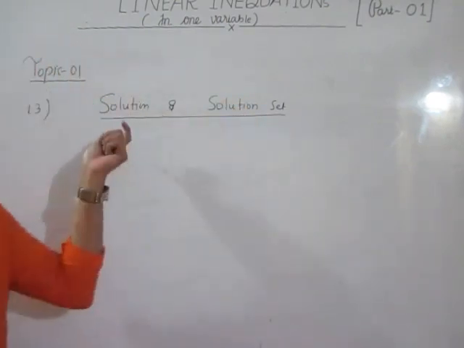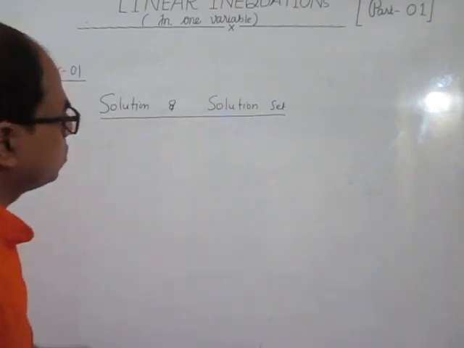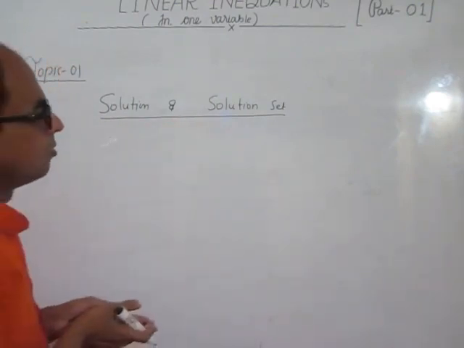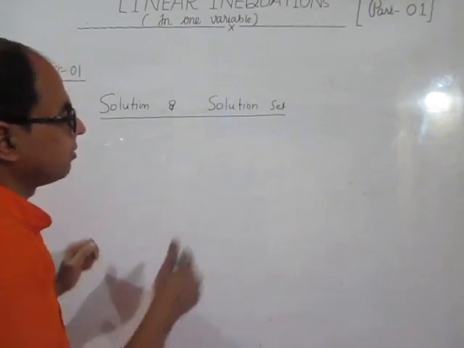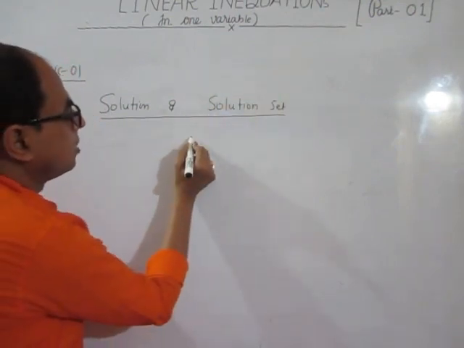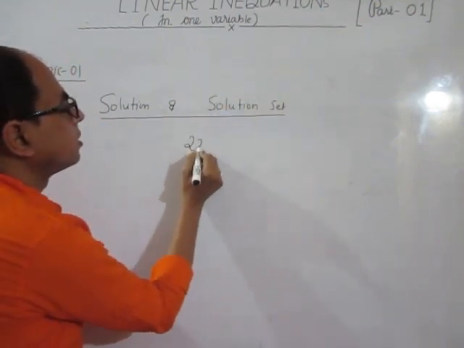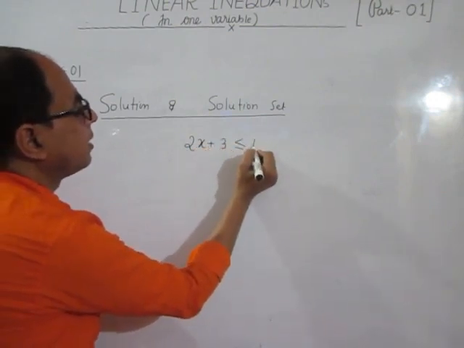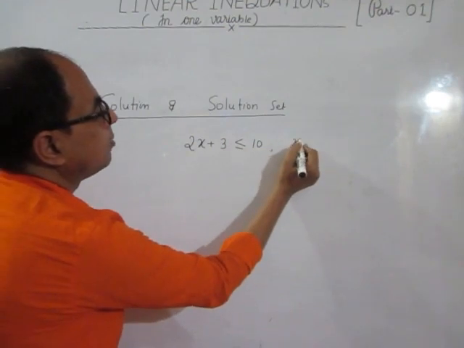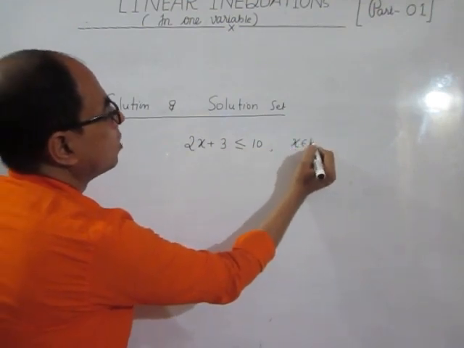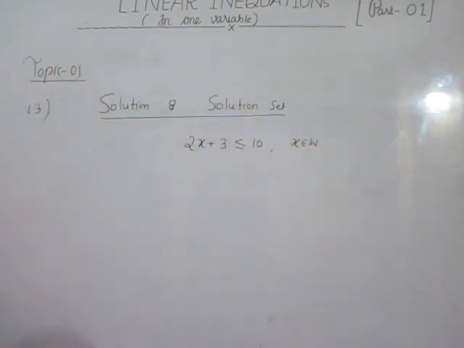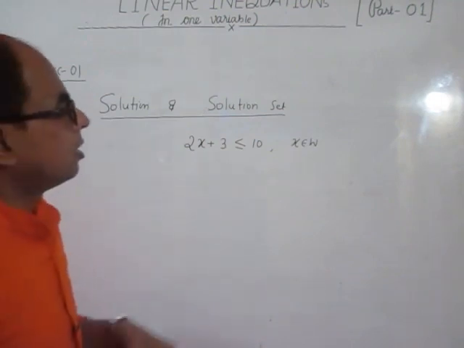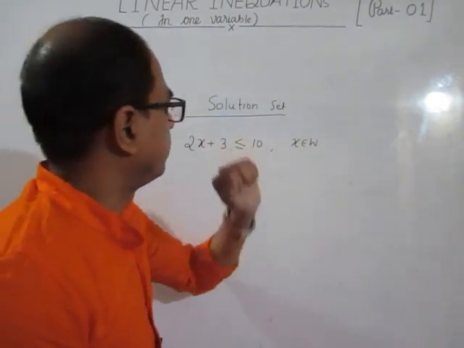Now what is the meaning of these two terms? To explain these two terms, let us consider one simple linear inequation. Suppose I am taking 2x plus 3 is less than or equal to 10, where x belongs to whole numbers. Now here the replacement set is whole numbers.